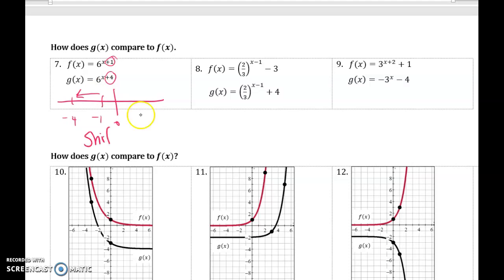It shifted 3 to the left. This one didn't shift any horizontally, but it went from -3 to +4. How many did it shift up? Oh wait, it went from -3 to +4, so I'm actually going down.